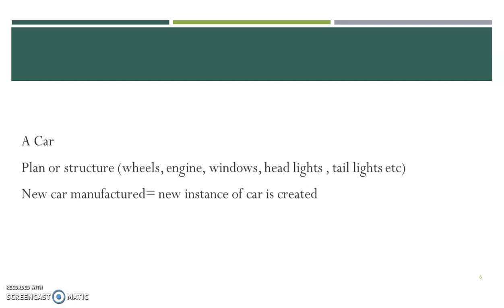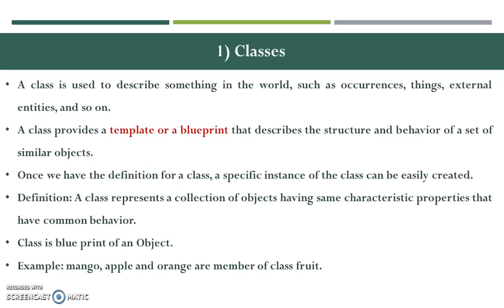So with this example, we can say a car, when considered as a class, has a fixed template or a structure using which several objects can be created. So this makes a car an example of a class. A few more points related to class. A class is used to describe something in the world such as occurrences, things, external entities and so on.